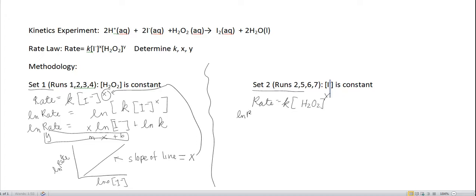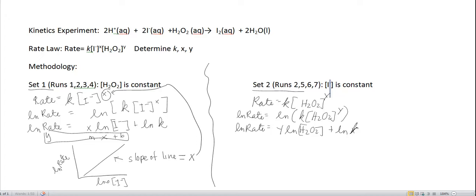It becomes ln of rate is equal to ln of k times concentration of H2O2 raised to the y. So expand, it becomes the ln of rate is equal to y ln of H2O2 concentration plus ln of k.